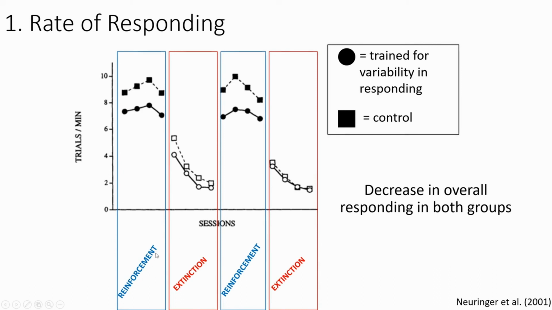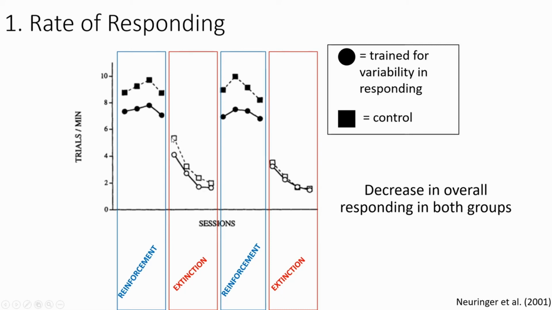During our reinforcement stage, we see that they're pressing the lever and key, in whatever combination, fairly frequently. We're seeing about 7 to 9 trials per minute. Seems to be pretty average and it's fairly stable. Cool, that's as we would expect. When we enter extinction, we see a pretty dramatic drop-off in their responding.